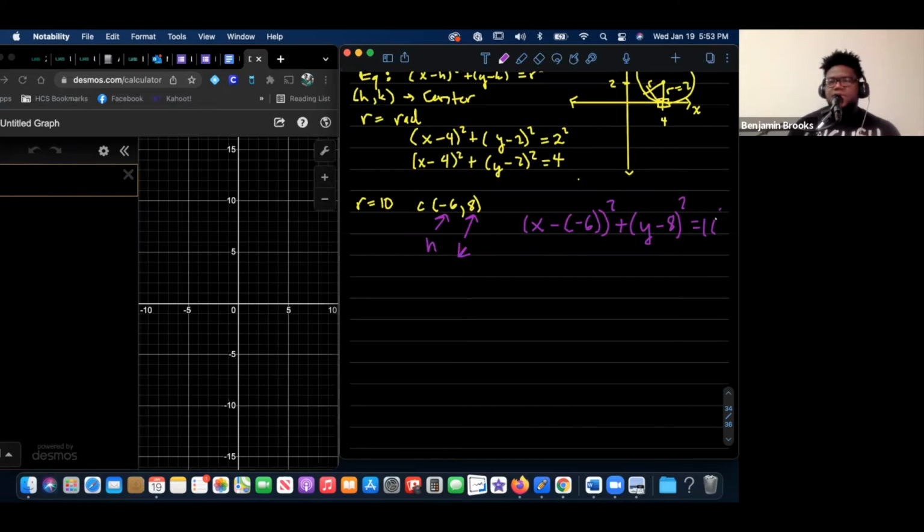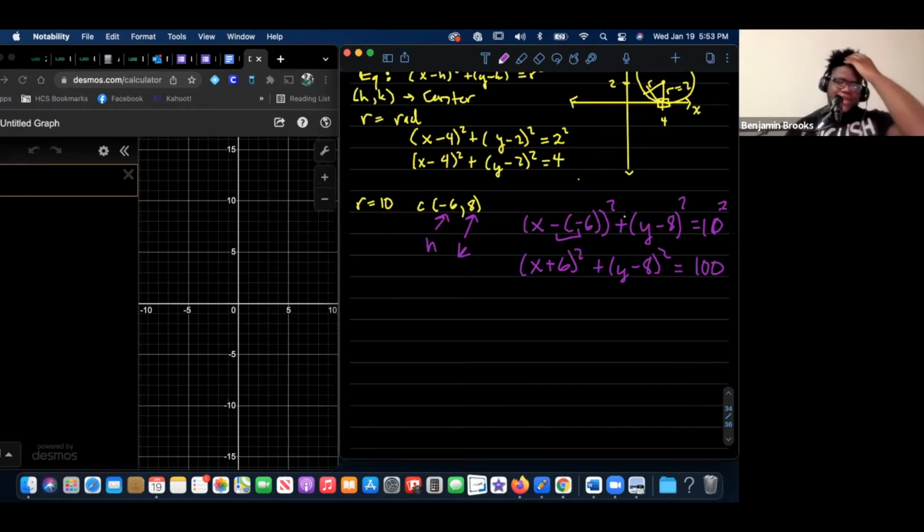So here's the thing. You got -6 here, so it's really +6. So you have X plus 6 squared plus Y minus 8 squared equals 10 squared, which is 100.